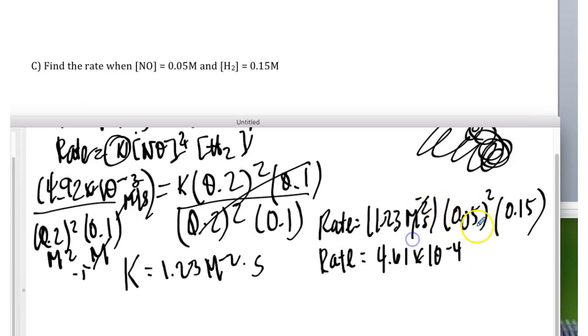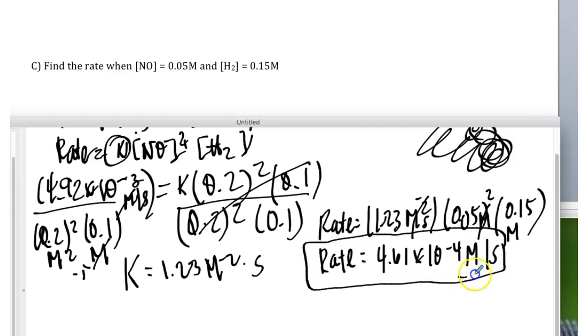This meter square cancels with the meter square here, and you have a molarity left. And again, I apologize for keep saying meter. It's molarity. Molarity per second. So you should always have molarity per second. You should always have these units for any rate.